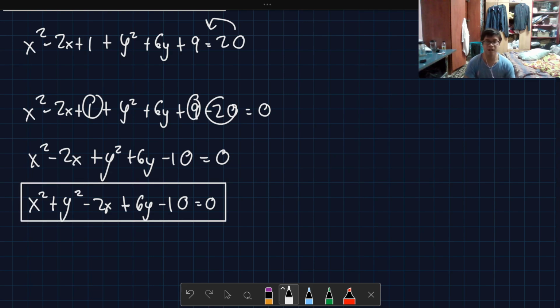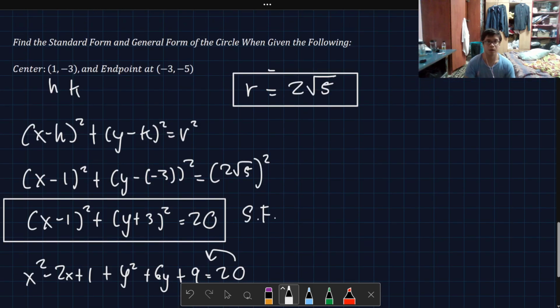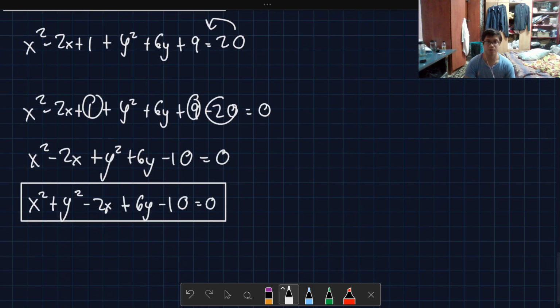All right. Maybe I'll have some other problems about this, like where the center is indirectly given but the radius is given. Basically, maybe in the next video, I'm going to upload some videos where we're told to find the standard form when we're given the endpoints of a diameter of a circle, and so on and so forth.